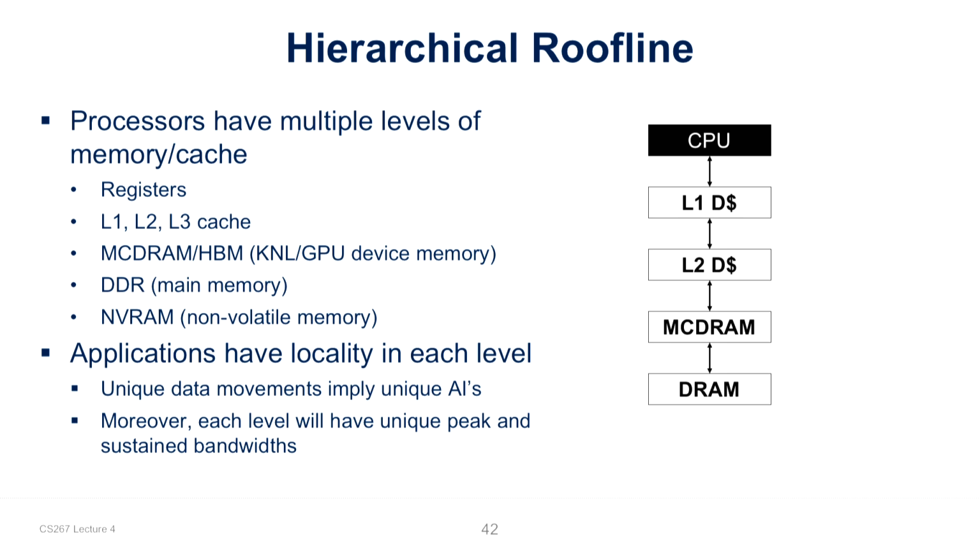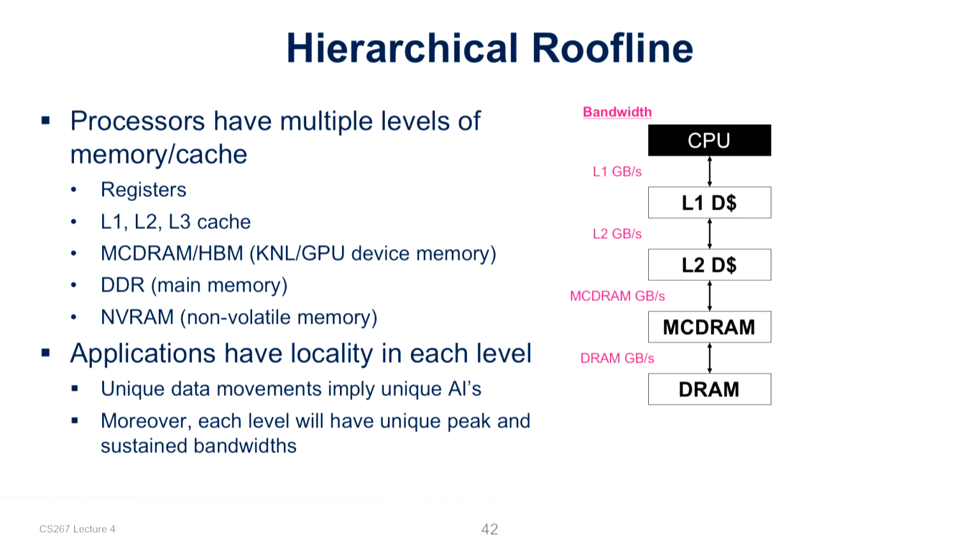And then you've got application locality issues within each level because each of these has a different size. This is pretty much a strict hierarchy in this case. As I mentioned last time, sometimes you'll get non-hierarchical situations, but the L1 is smaller than the L2, which is smaller than the MCDRAM, which is smaller than the full DRAM. And they'll give you different bandwidth numbers in between them as well.